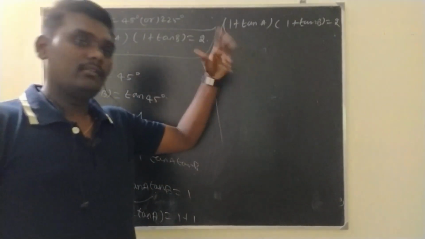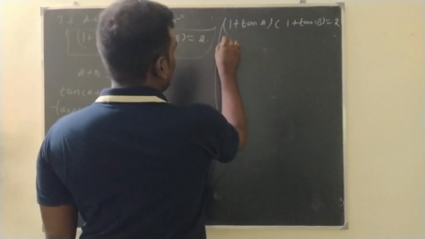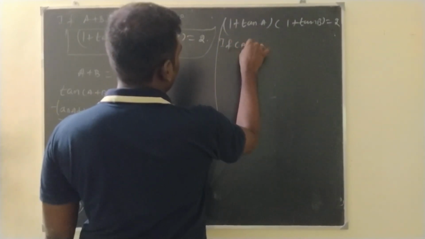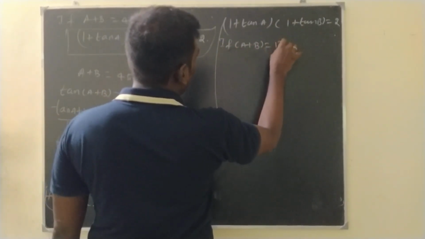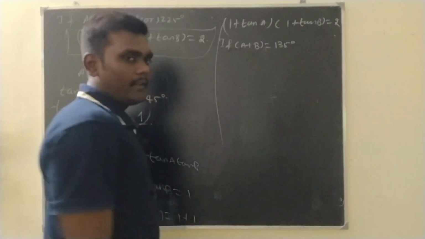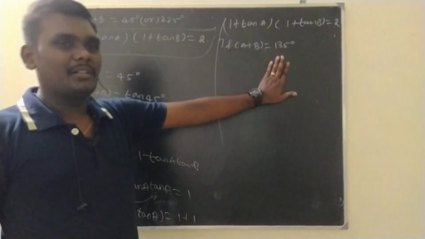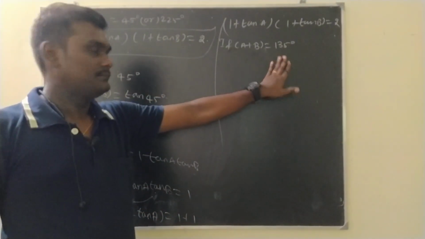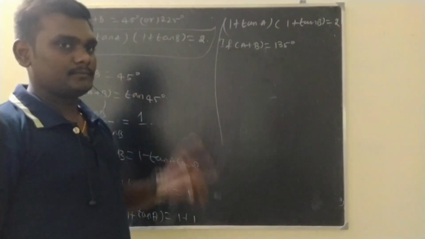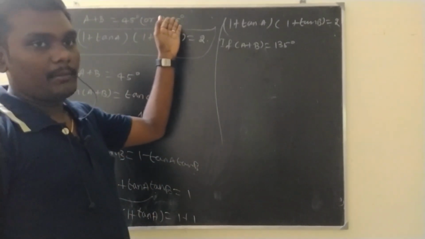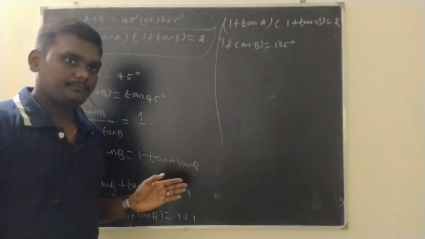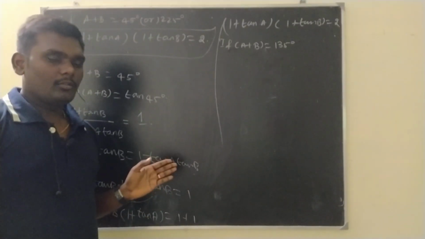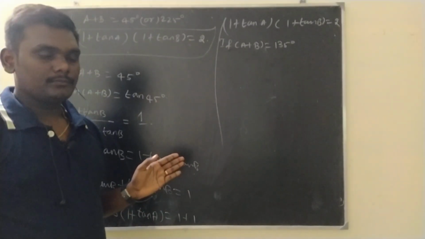Similarly, we have the other identity as well. That is, if A plus B is 135 degree, 135 is nothing but 90 plus 45. Same like this. Here also this 225 part we can do the same. 225 part, how can we do?